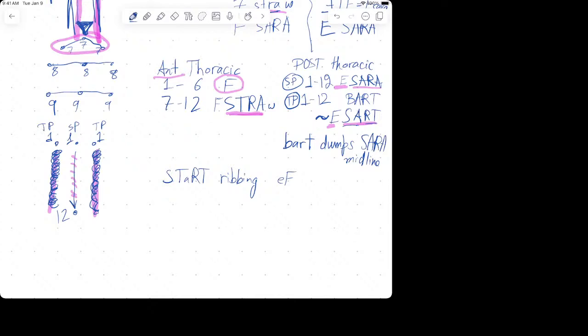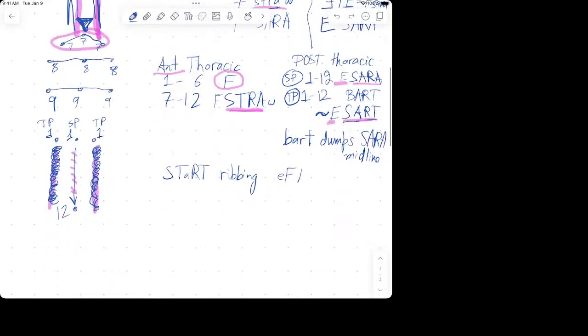Start ribbing, F BART, and then E BART, E F BART, Sarah, Sarah, BART, Sarah, right. So there we go.